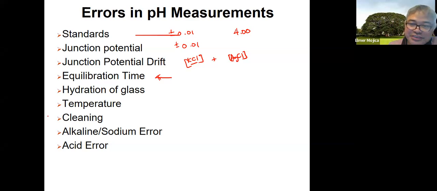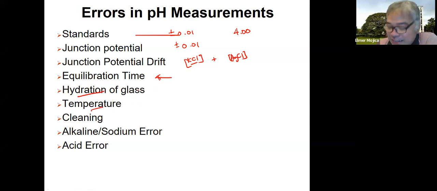Hydration. How does it affect? So kapag dehydrated or dry yung electrode mo, it will not respond to the H+ correctly. Okay? Temperature. How does it affect? So what's the effect of temperature on the potential?